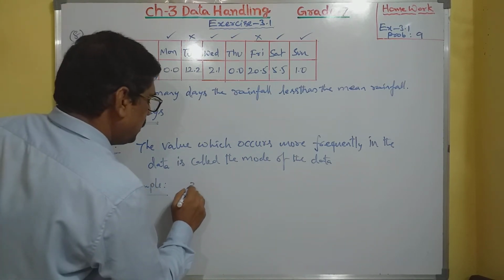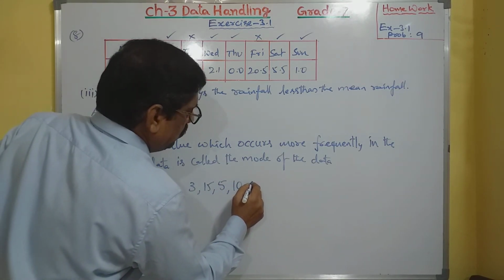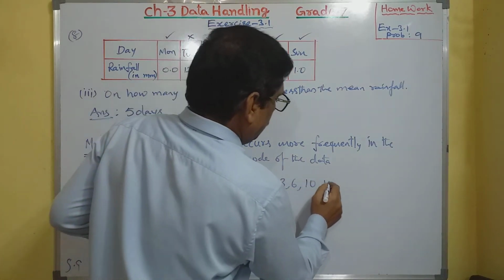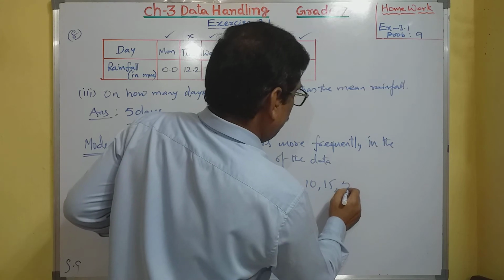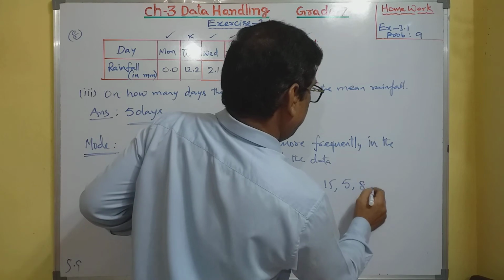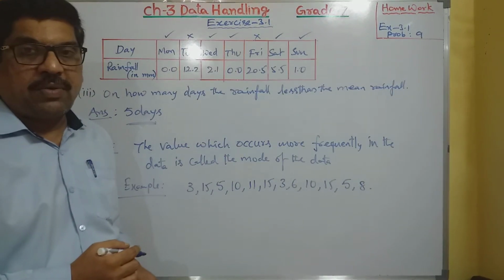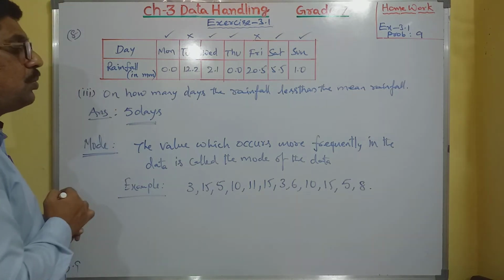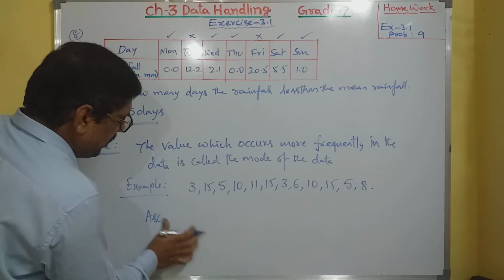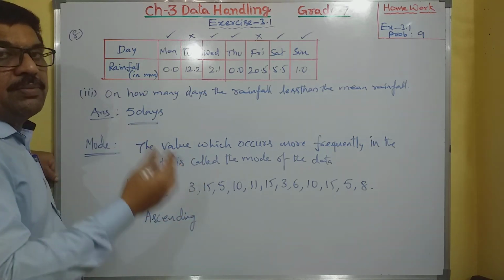See, 3, 15, 5, 10, 11, 15, 3, 6, 10, 15, 5, 8. Now observe which number is there for more number of times. Before that we have to write in ascending order. Let us write in ascending order, so it will be easy for us to find the number which is occurring more number of times.